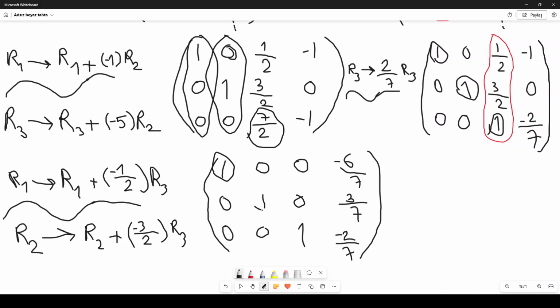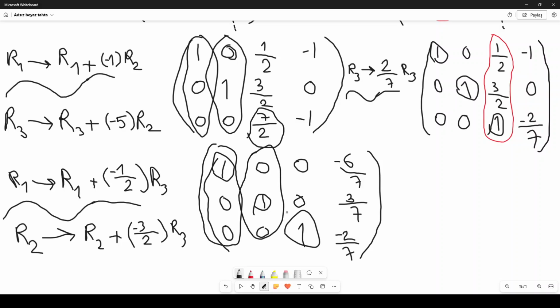All the leading entries in each non-zero row are now ones. And look at the columns of these leading entries. Besides the leading entries, all the other values in their columns are zeros. And our matrix is also in row echelon form, right? Because we have no 0 in the first row, but we have one leading 0 in the second row and 2 zeros in the third row.